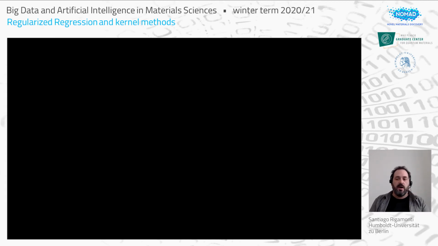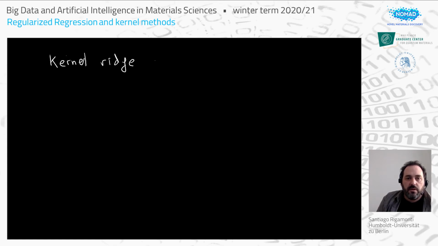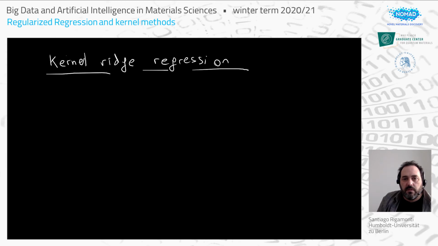We just start with the usual loss function for ridge regression. Let's write it again. I will write the title for this: we will now talk about kernel ridge regression.